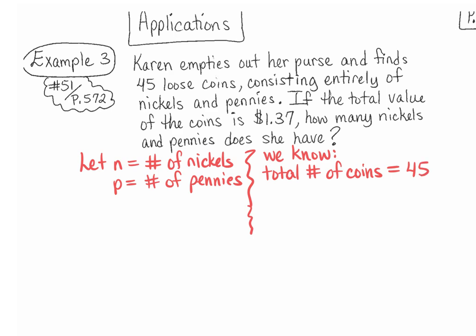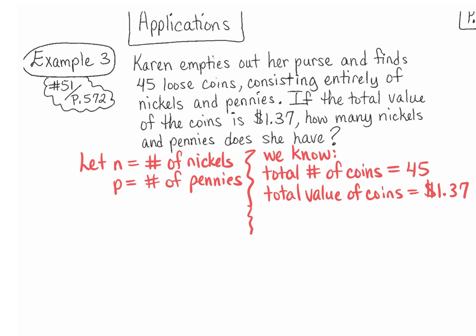But if you want to talk about the total value of the coins, that's what? $1.37. Okay, I thought I heard 36. So the total value of the coins is $1.37. I'm with that.